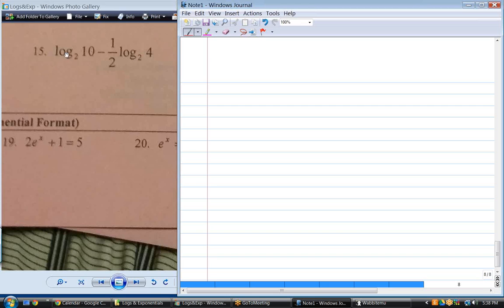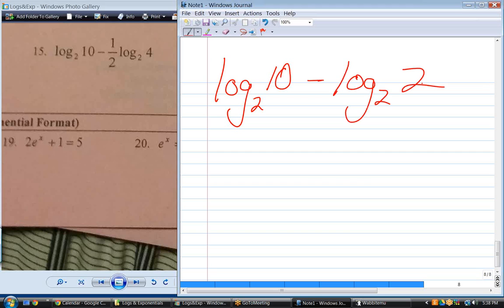So this, which one can we do step 1 on first? The second one. Okay, so I got log base 2 of 10 minus what? Log of the square root of 4, so technically 2. Beautiful. And now what? Single log statement. And then 10 divided by 2, so 5. Good.